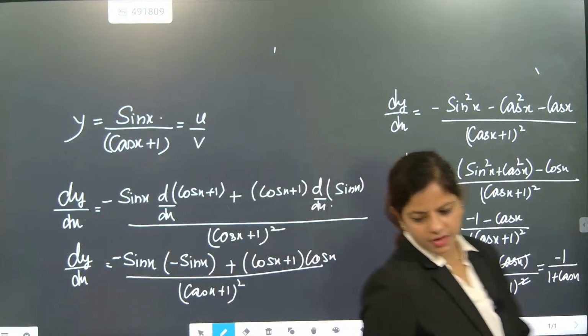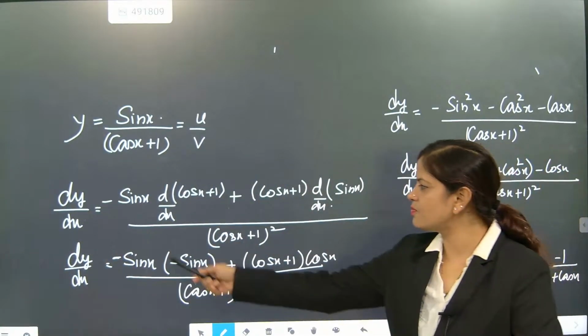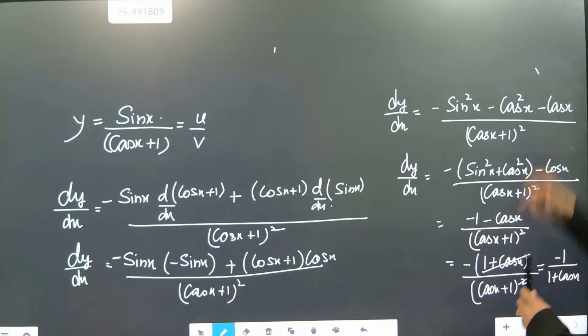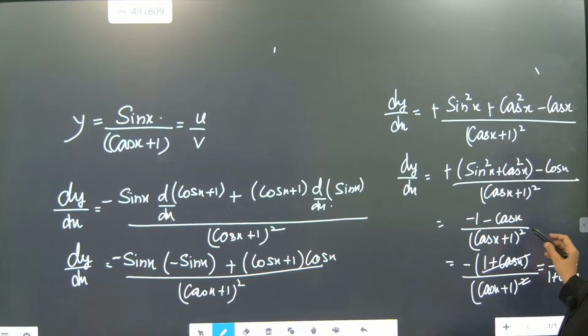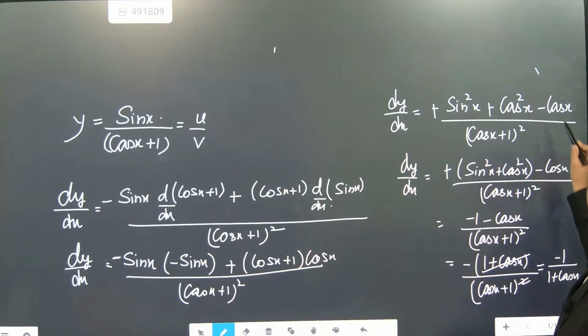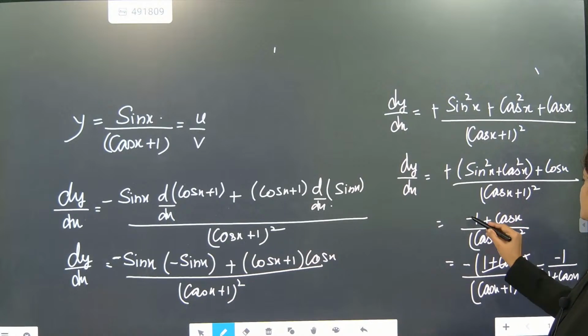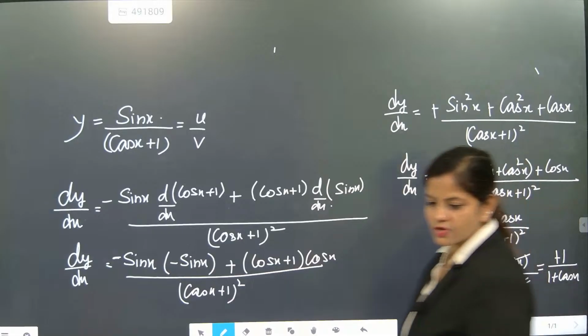I just shifted plus minus, beta. So minus into minus will become plus. So this one will be plus, plus, plus. So here everything is coming as, if that part is plus means this part is also plus, plus. So here now it is coming as 1 plus, plus. So here answer will come in 1. 1 by 1 plus cos x.